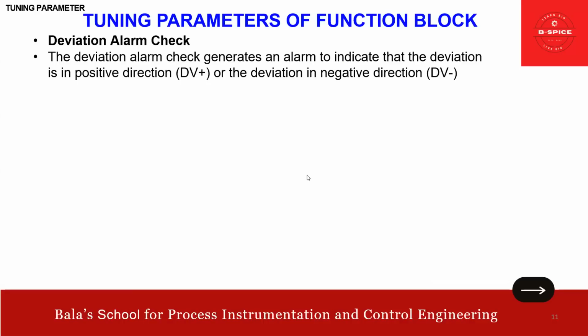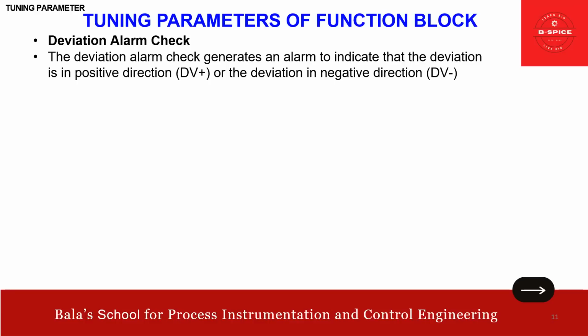Then deviation alarm checker. I think we have covered, right? Again, I want to repeat. The deviation alarm is commonly used to report an excess deviation between the desired set point level of a process value and an actual measurement of that value.